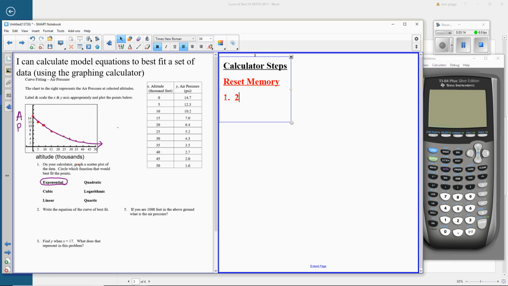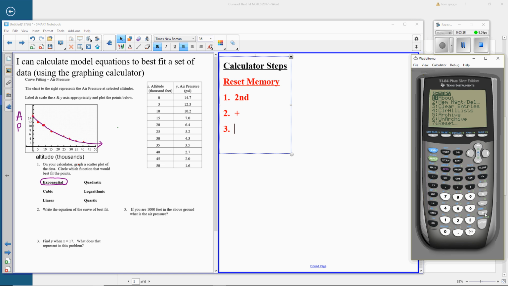So to reset the memory, you're going to hit second, plus sign, and then you're going to choose 7. So second, plus sign, and then we're going to go down to 7 for reset.